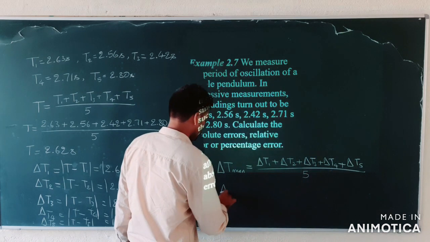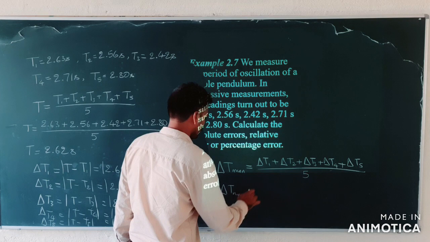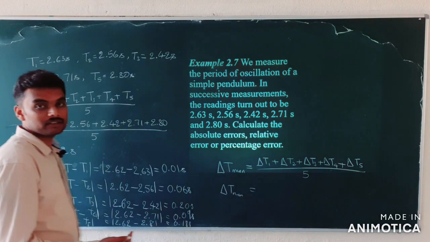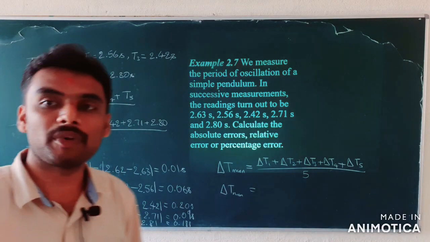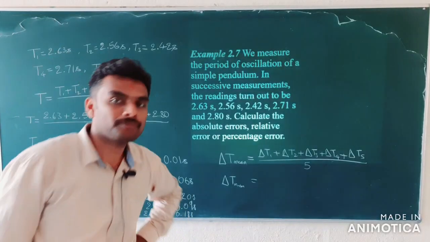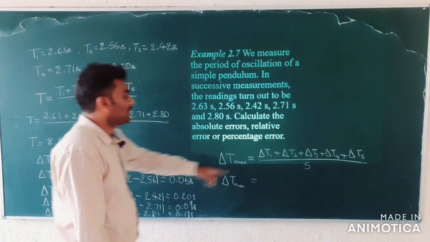So delta T mean, which is the mean of all the errors, is given by delta T1 plus delta T2 and so on.